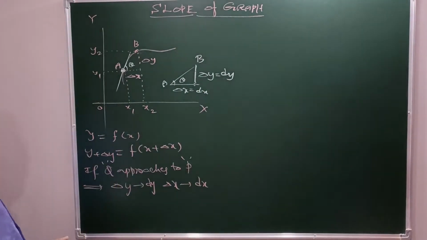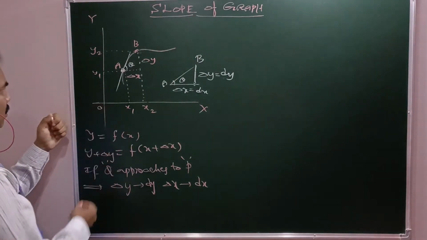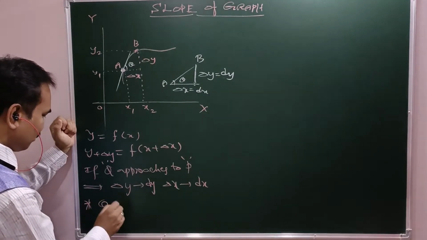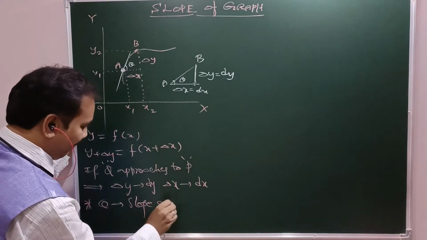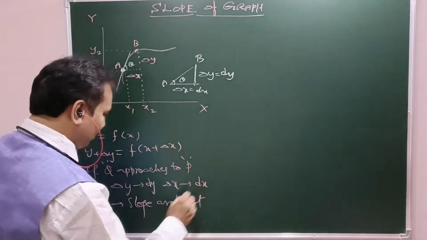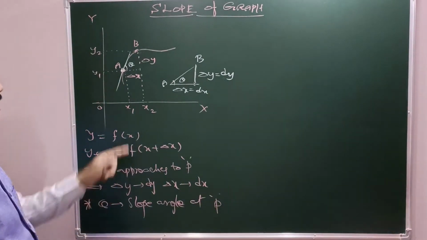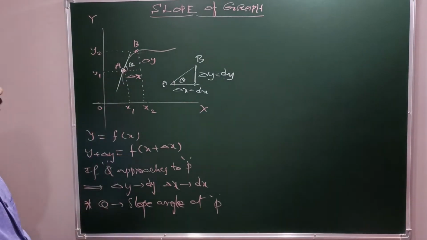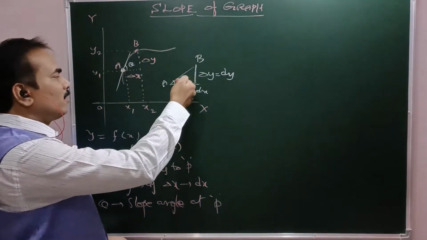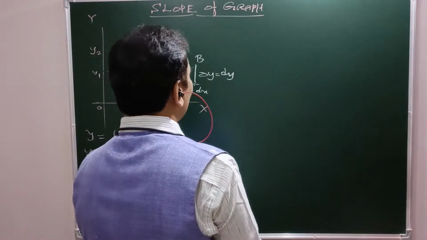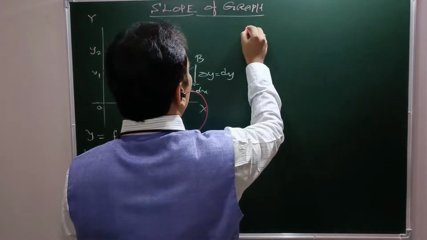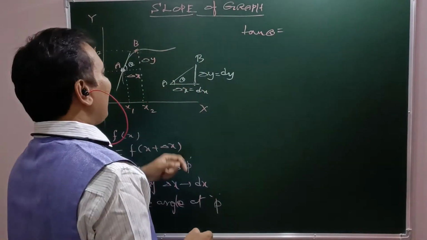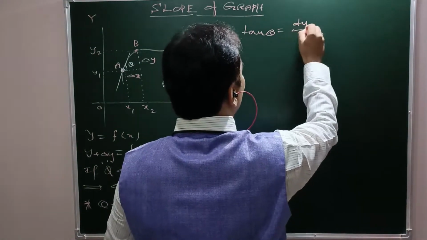Here theta means the slope angle drawn at point P. So tan theta in this triangle is equal to opposite side by adjacent side, that is dy by dx.